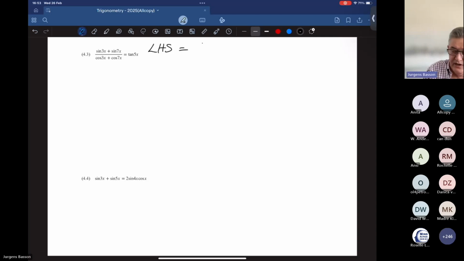That sine of 3x, I hope you agree with me, I can write as 5x minus 2x, because that gives me 3x. And can you see I have the 5x? That's what I want. And the 2x is a double angle. So I use the double angle with 5 to get 3. And you maybe can tell me now what you will use for 7x. The same thing, just with plus.